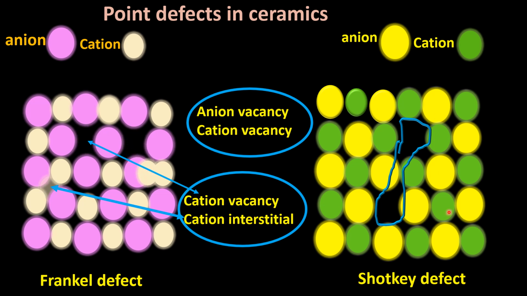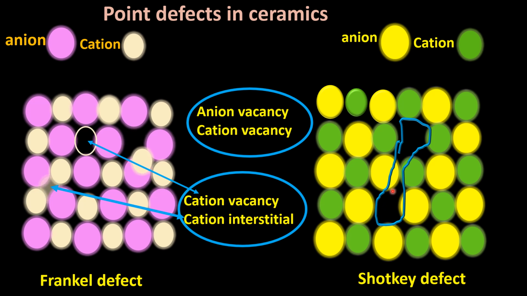Here you can see in this figure that this is the place of anions, and here the anion is missing, that is, here is an anion vacancy. In the same way, this is the place of cation.